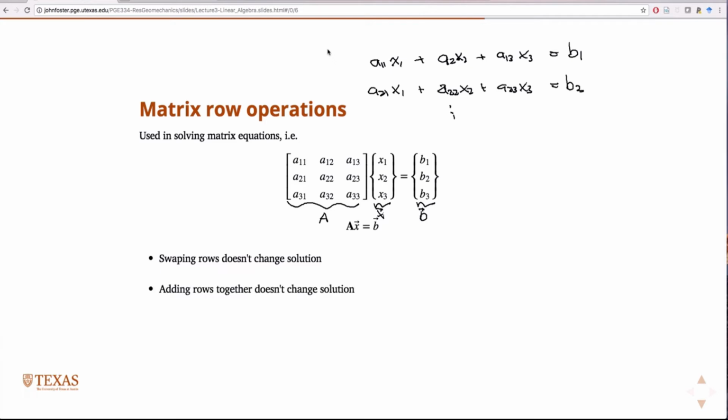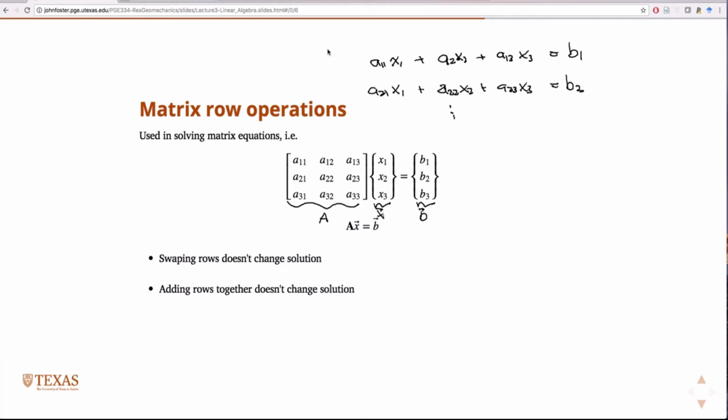Adding rows together doesn't change the solution. We often do this, like you know, these are things you've been doing since Algebra 2, at least, or I guess since high school, right? When you go to solve a system of equations, often you can just add the 2 equations together because that will conveniently eliminate one of the terms, right?